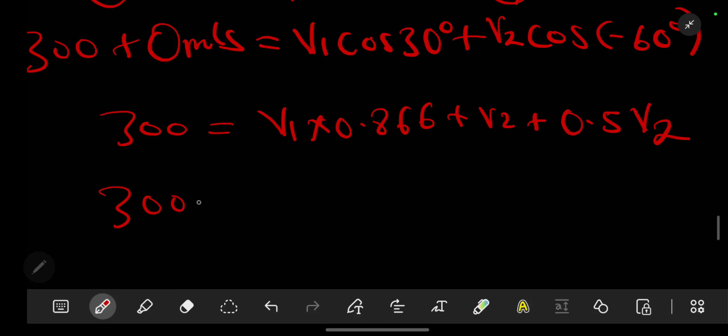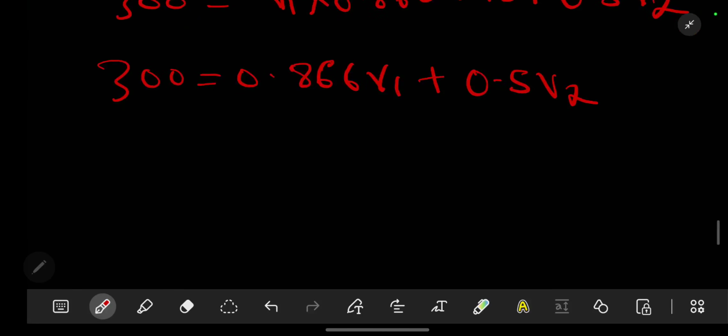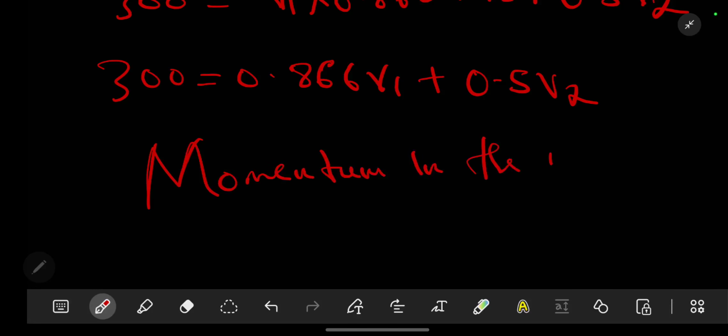So we have 300 should be equal to 0.866 v1 plus 0.5 v2, like that. We are going to go now to our momentum in the y.